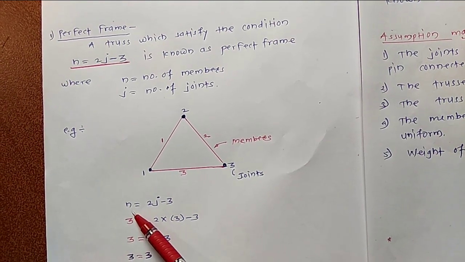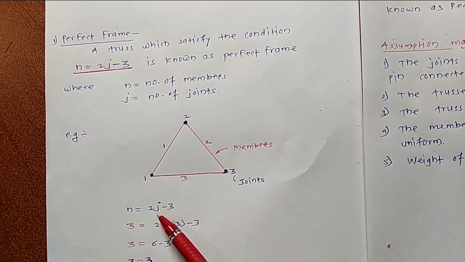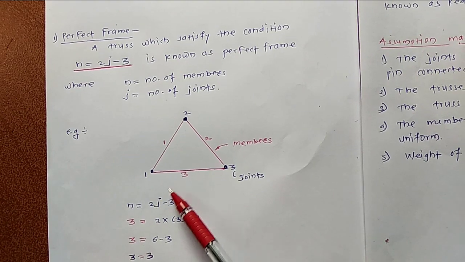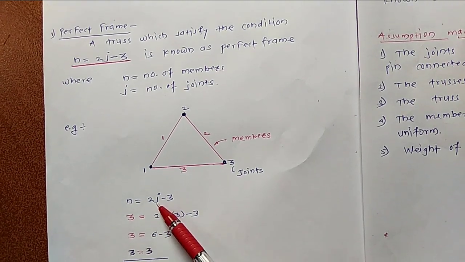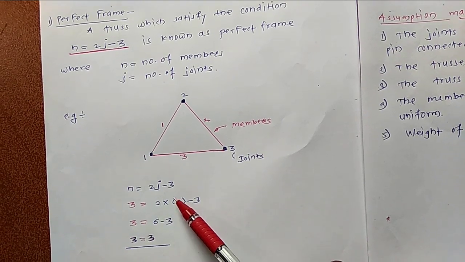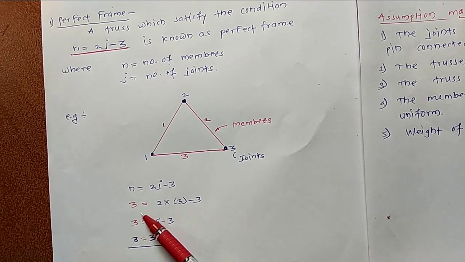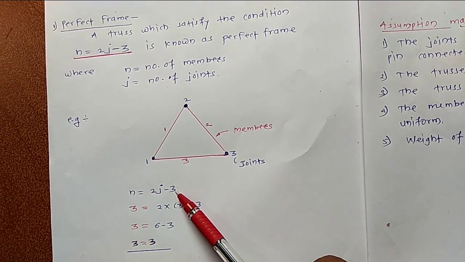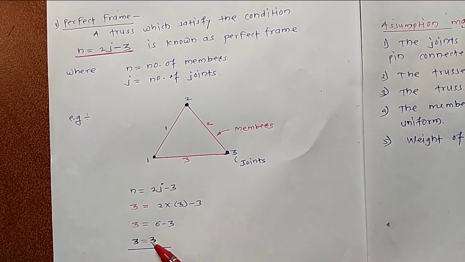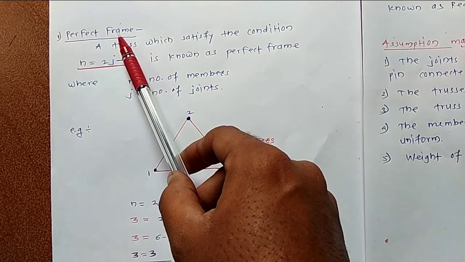If we consider the condition n is equal to 2j minus 3, n, the number of members, is 3, and j, the number of joints, is 3. Then 2j minus 3 is also equal to 3. Therefore, this frame is known as the perfect frame.